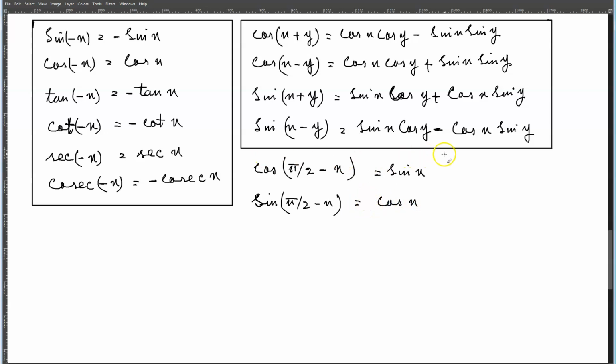And that is the third group that we discussed, right? Now we have a couple of formulas that we can derive based on the formulas that we have already derived. We will derive them in the next video. I'll see you in the next video. Thank you.